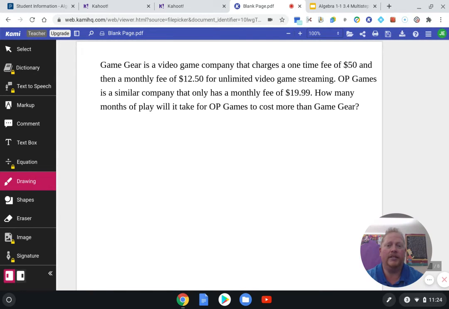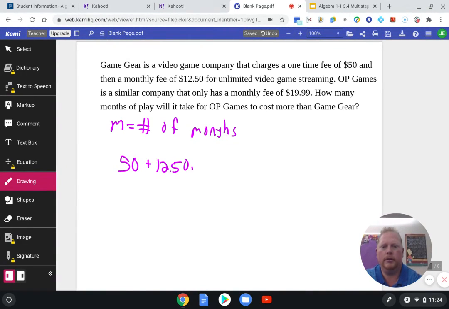So, what's it asking us to find? How many months? So I'll put m equals the number of months. And then go back and reread what's going on here. So Game Gear, they charge $50 plus $12.50 a month, whereas OP Games only charges a monthly fee of $19.99.